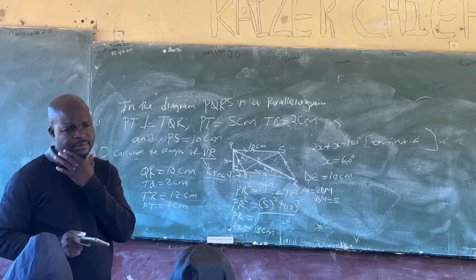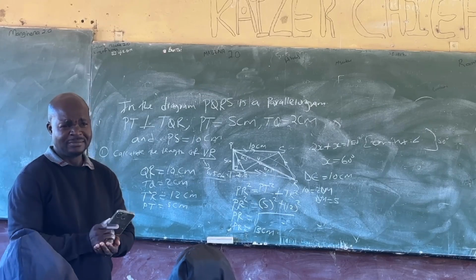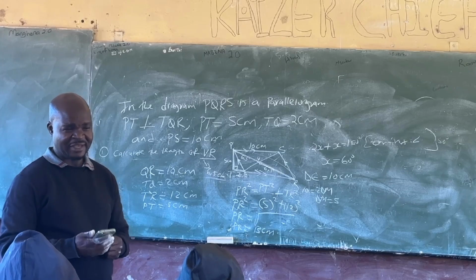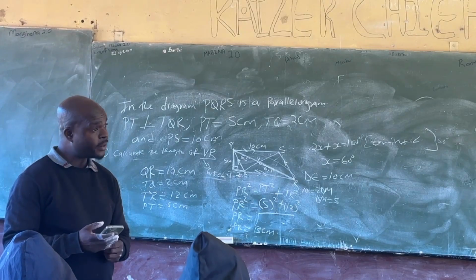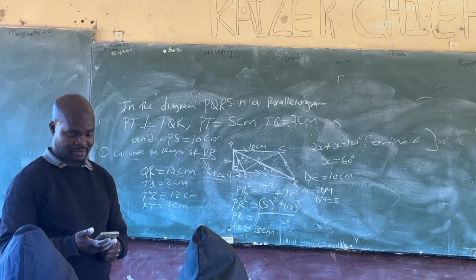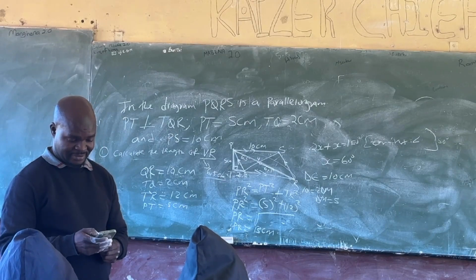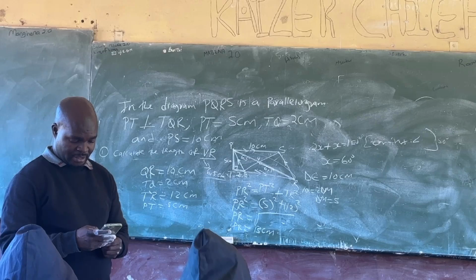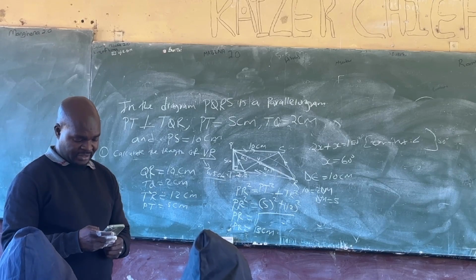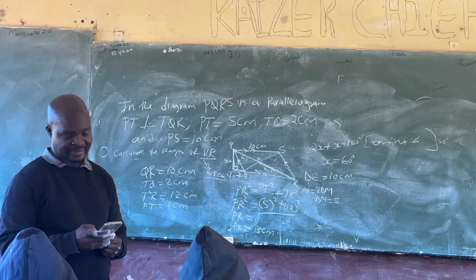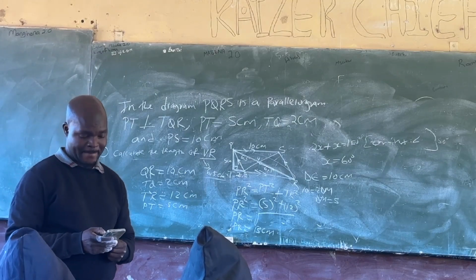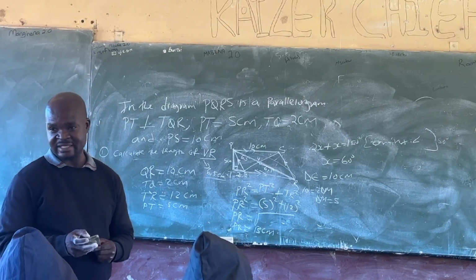A question for you: do you know All-Star Group? Have you ever had something called All-Stars? That All-Stars is for teachers and learners sometimes. Some teachers add the learners there.